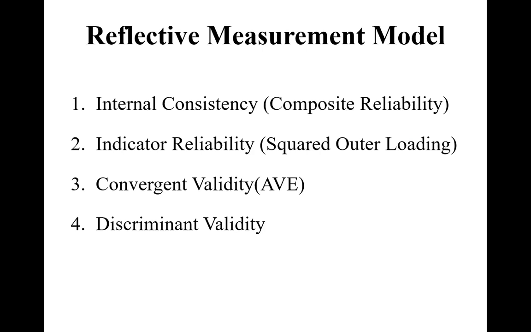Through average variance extracted. Here we do not need to find the convergent validity. Output will give us the result of convergent validity and discriminant validity. इनके सबके रिजल्ट्स हमें ये दे देगा. ठीक है ना.